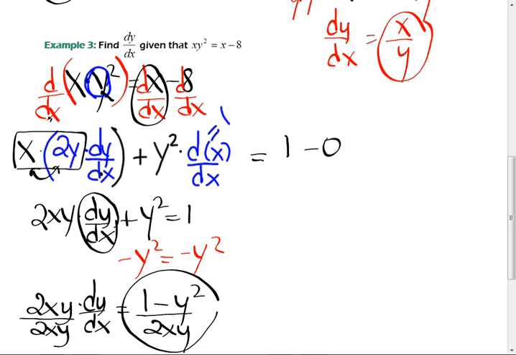Because it's x times the derivative of the y squared plus y squared times the derivative of the x. Product rule. Do you see that? I'm not sure what your question is. No, my question is, on the second line, you multiplied the x to the dy dx.